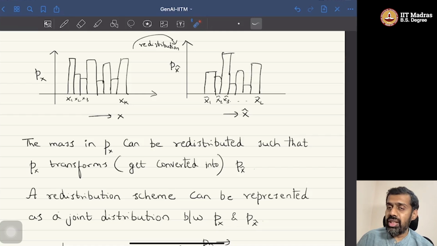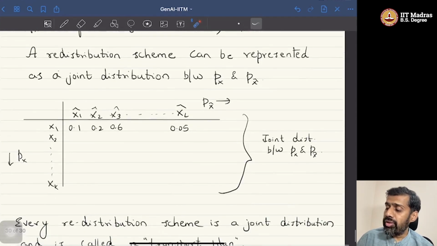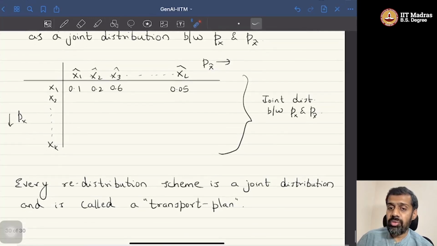This is easy to see in the discrete space, as we saw. So I can actually invert the argument and say that if you give a joint distribution between the underlying random variables, you are implicitly giving me a transport plan that would tell me how one of the marginals can be transformed into the other marginal.